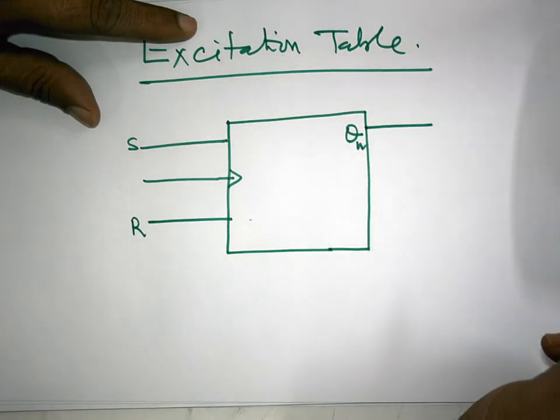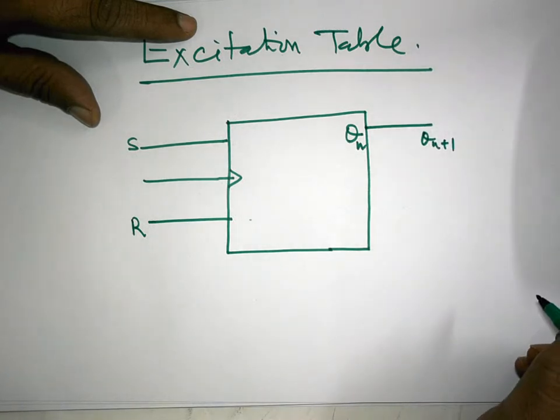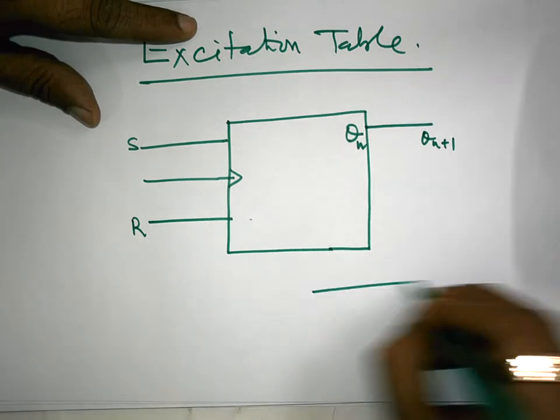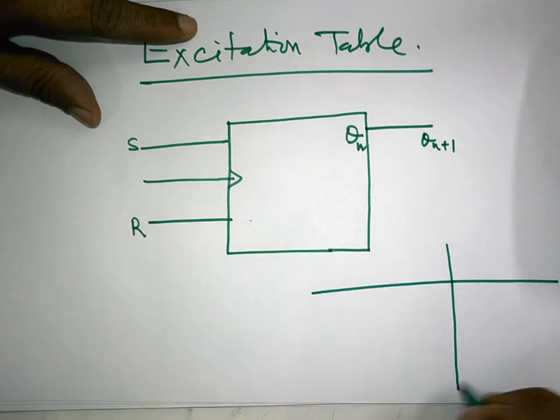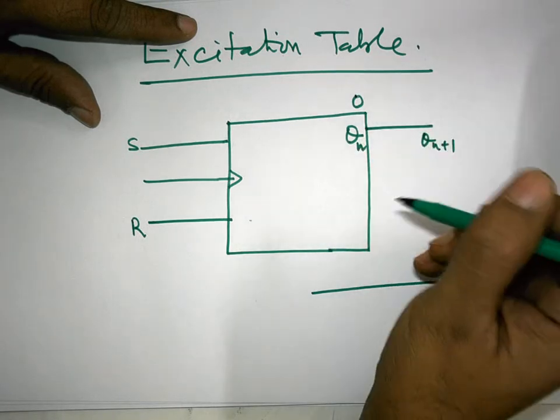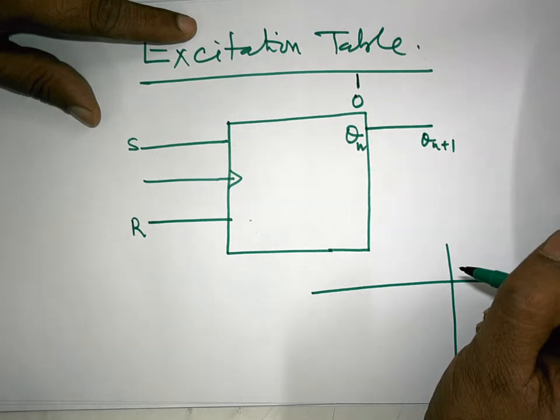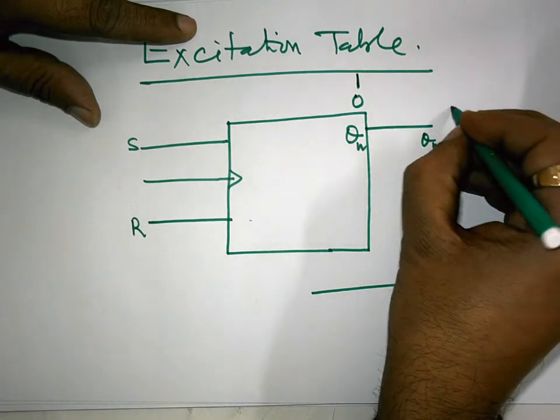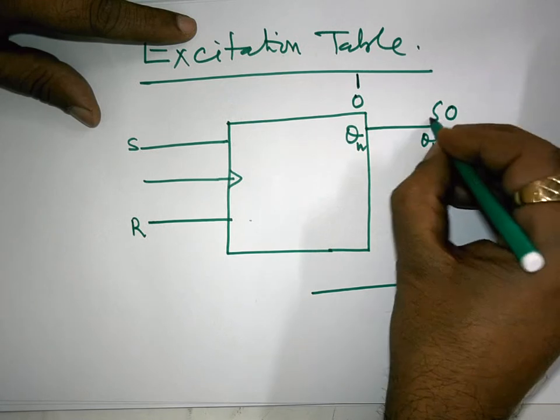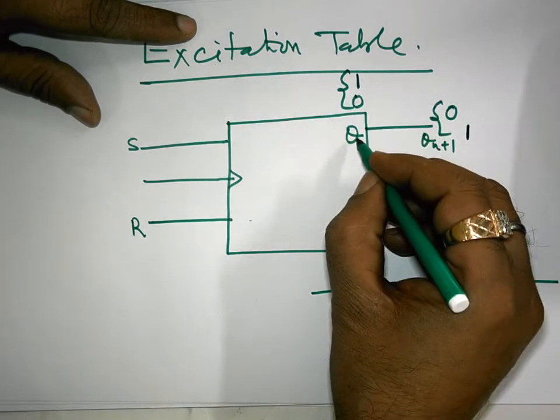Its present state is known by the name Qn, and its next state is known by the name Qn plus 1. What will happen in the next moment? In fact, this present state can have value either 0 or 1. Similarly, the next state can also have value either 0 or 1. It can take value from this set, and this can also take value from this set.